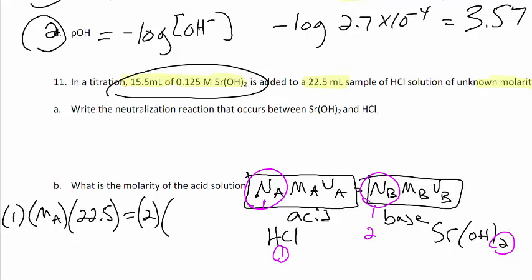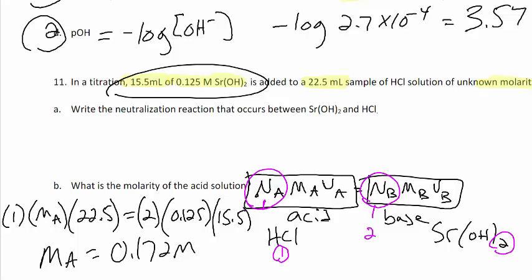I'm going to use 0.125 because that's the molarity, times 15.5 for the volume. So in my calculator, I'm doing 2 times 0.125 times 15.5, and then dividing by 22.5 to get the molarity by itself. And that works out to be 0.172 molarity.